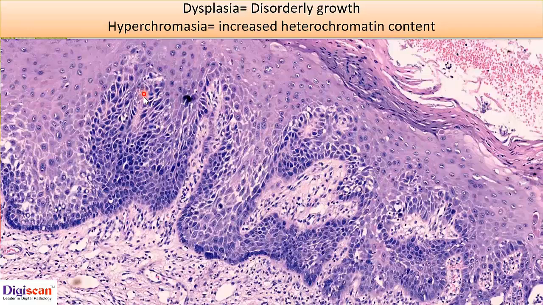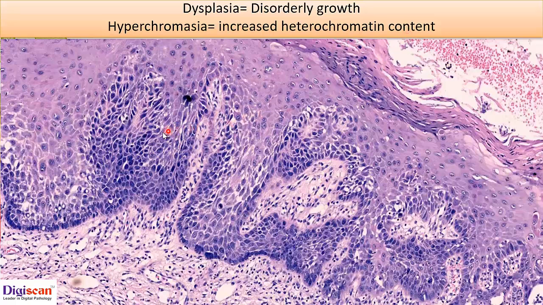After having discussed epithelial hyperplasia, we come to the term dysplasia. What is dysplasia? Dysplasia is the disorderly growth of epithelium, and this is characterized by presence of increased cellularity, we can see here, and hyperchromasia. And what is hyperchromasia? Increase in the heterochromatin content of the nuclei.